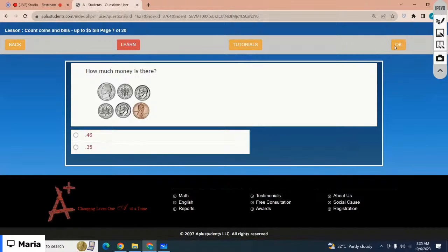Okay, how much money is there? Now you can add and just tell me the answer. I'm waiting for the answer. Which is the correct option? 0.46 or 0.35?